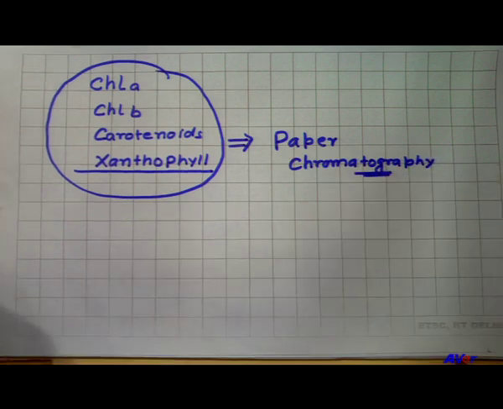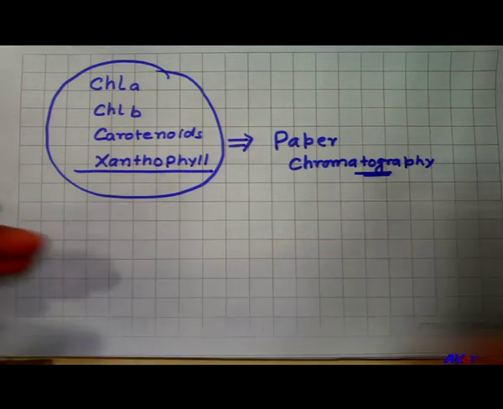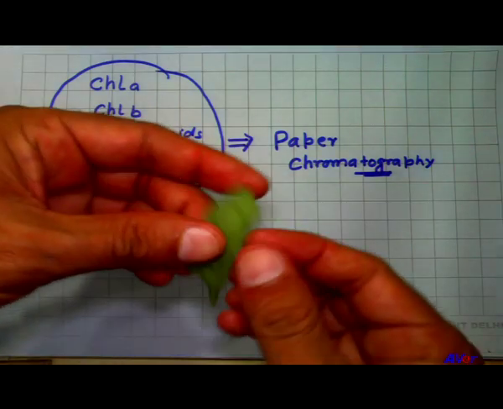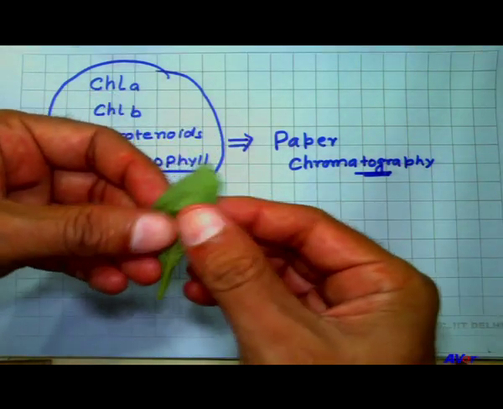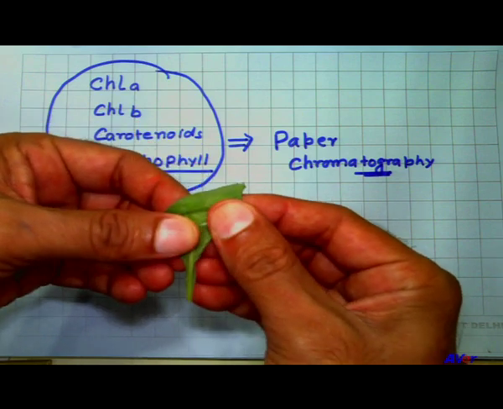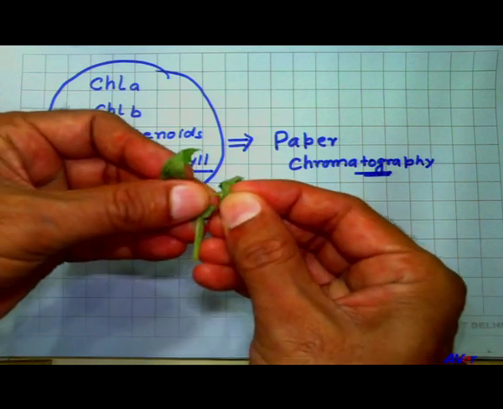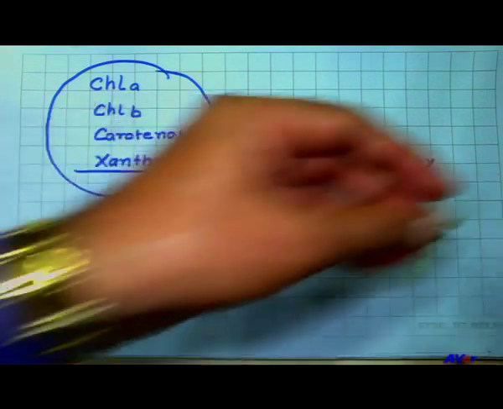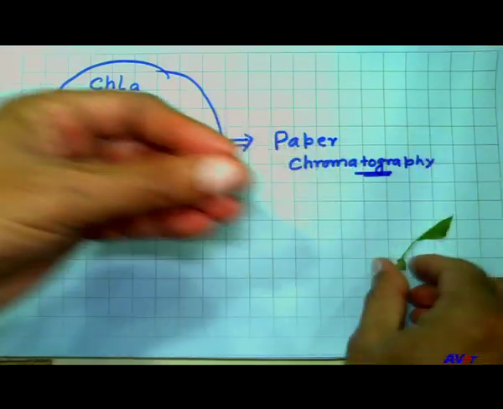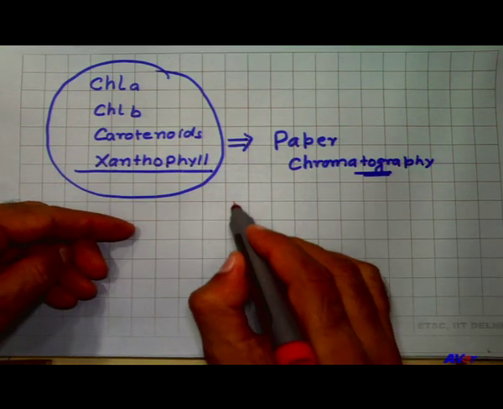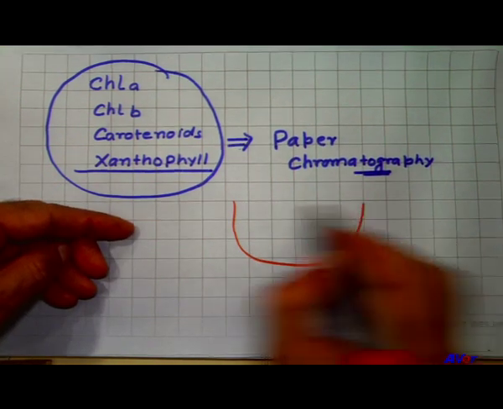For this, with the same procedure as we have discussed, take the leaf and remove its vein and veinlets. Take it in a mortar and pestle, this type of vessel.